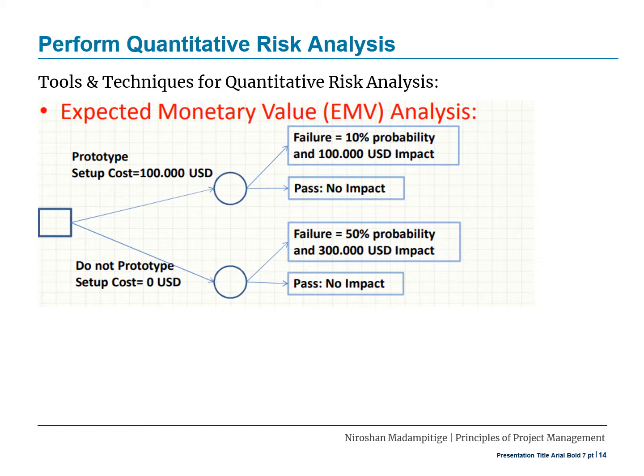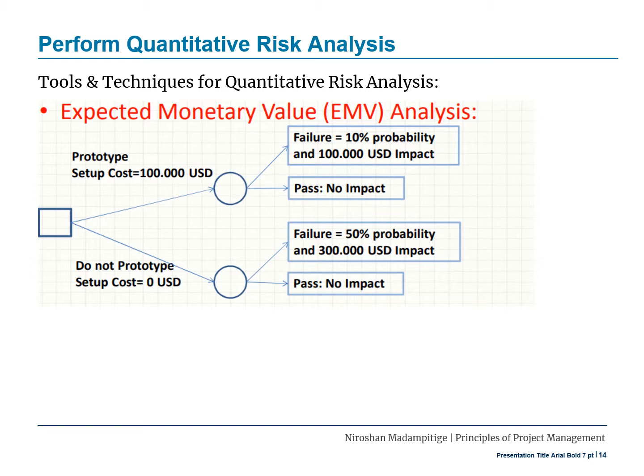If you do not set up the prototype, the cost is zero. If you set up, then you have two possibilities. One is to fail, the other one is to get through. If you fail, 10% probability and 100,000 USD impact. If you pass, no impact at all.